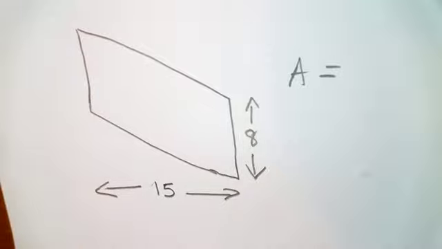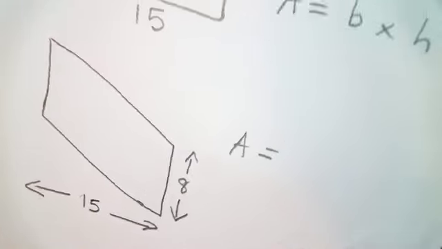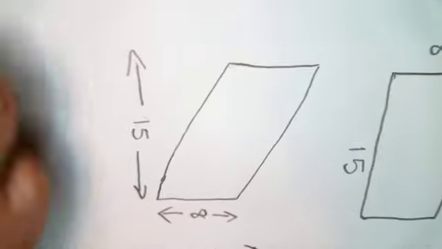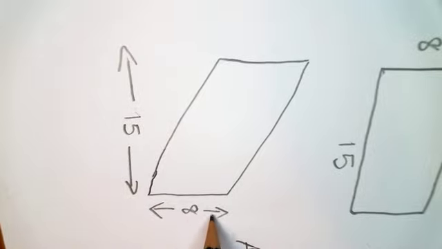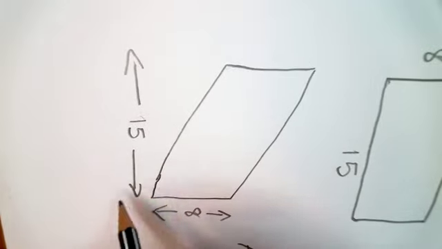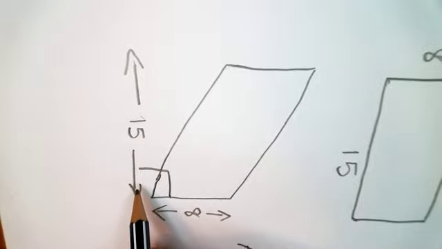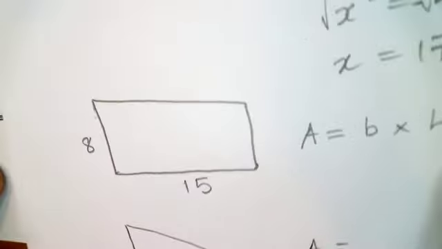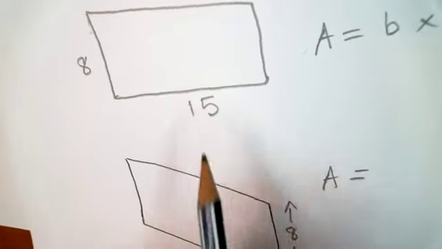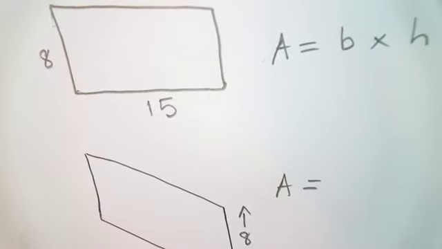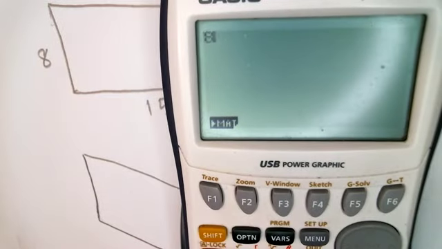I'm going to twist this around a little bit so you can see what I mean. Here is its length, which is 8, but its vertical height, that is, if I was to draw a right angle there, you can see is 15. So 8 times 15 is exactly the same as 8 times 15 here. And in case you're wondering, 8 times 15 is 120.